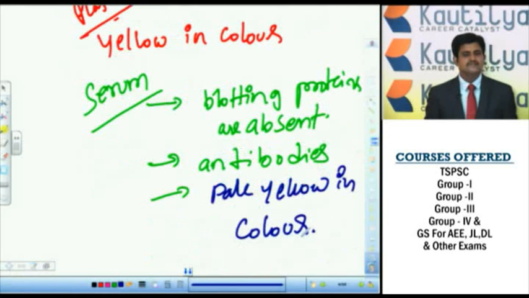So the basic difference between plasma and serum is that plasma consists of all the inorganic, organic substances, salts and gases dissolved in it, and plasma is yellow in color. Serum doesn't consist of blood clotting proteins like fibrinogen, and it consists of antibodies, and it is pale yellow in color. So these are the basic differences between serum and plasma.